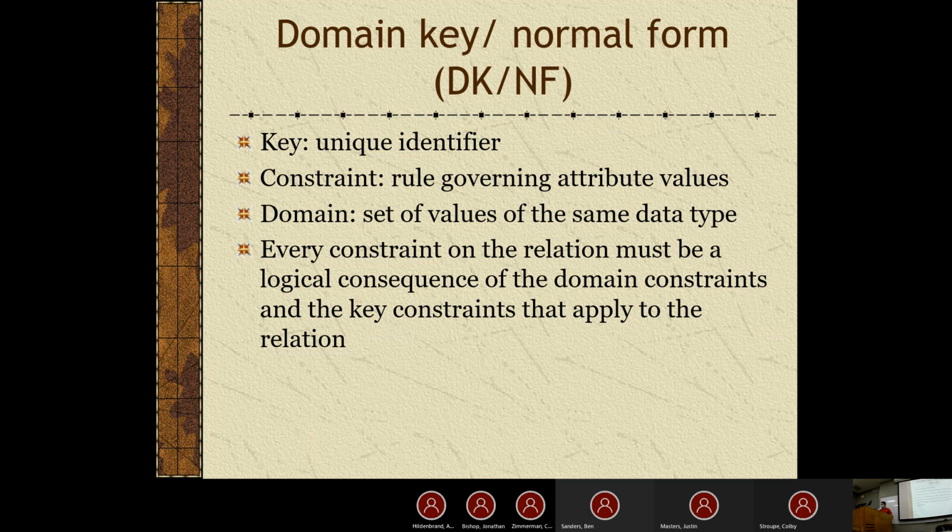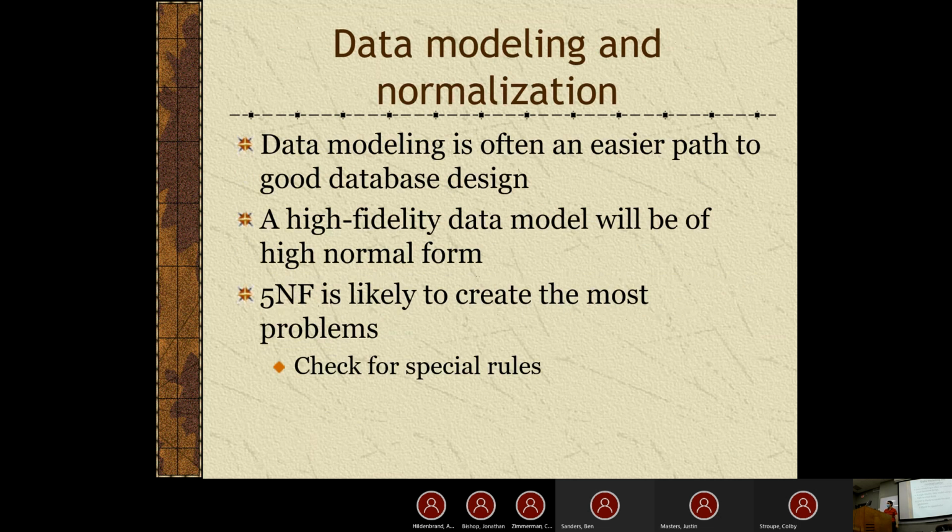Then we also have the domain specified. We're basically making sure that we have the data types. So that's basically all we're doing here. The constraints are the important thing. They determine the rules governing these values. Do they have to reference something else? Do they not reference something else? We're going to specify that in domain key normal form.